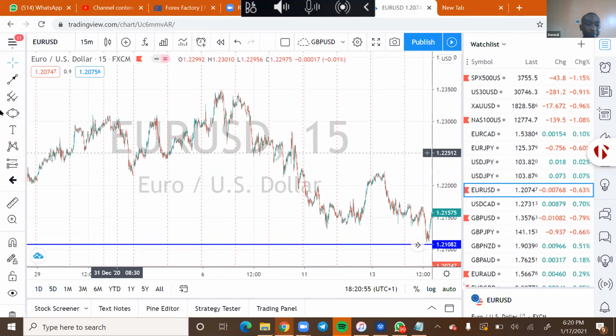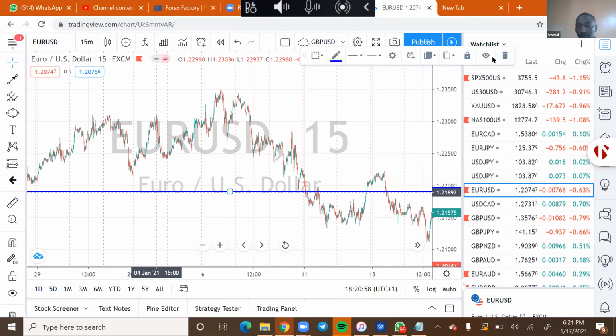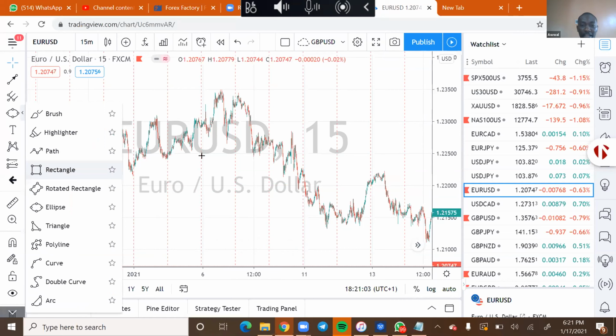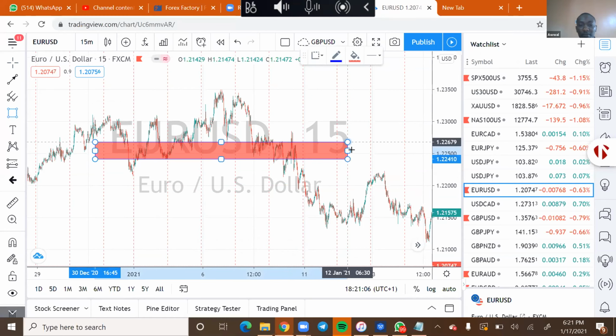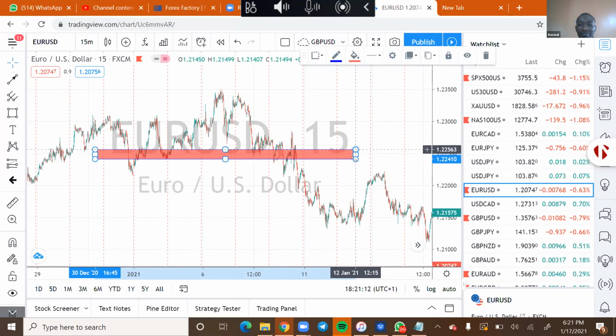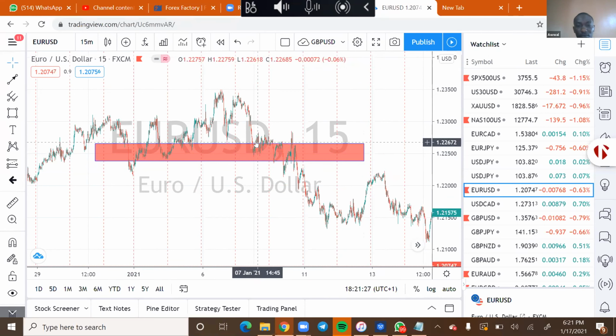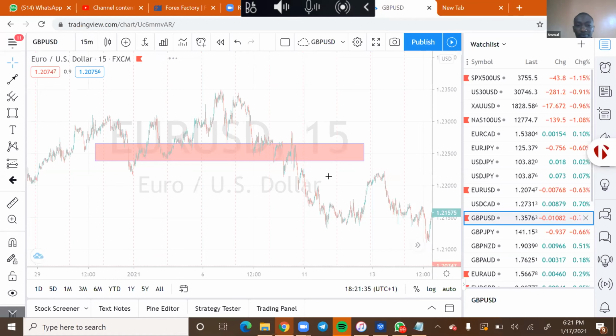Okay, guys, I have one here. Look very closely. I love to explain this because, like I said, there is no one given area that is a support or resistance area. Any area can be a support, any area can be a resistance. Let me look for another example for you guys.